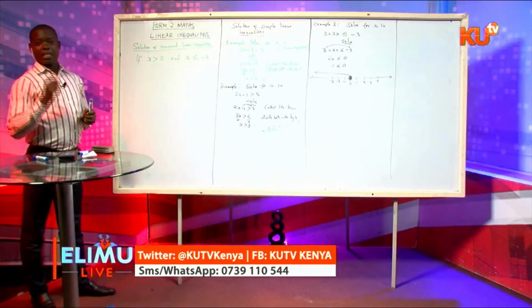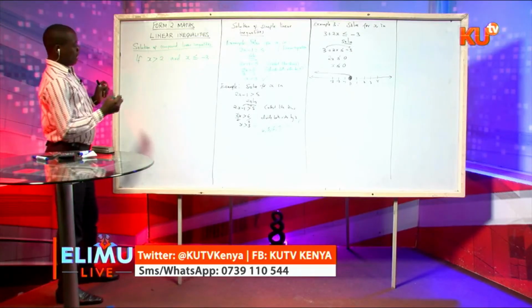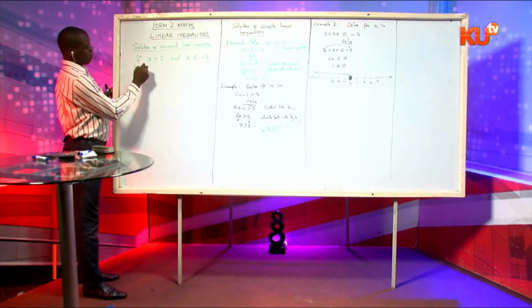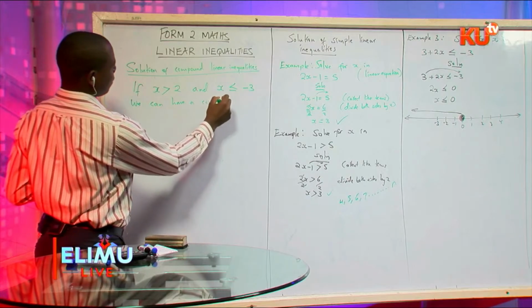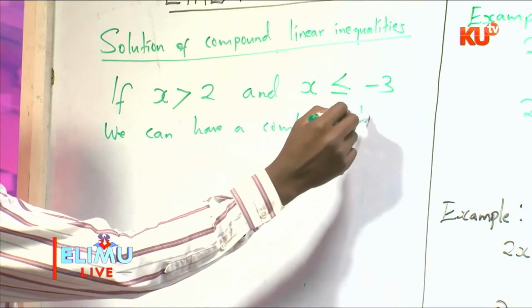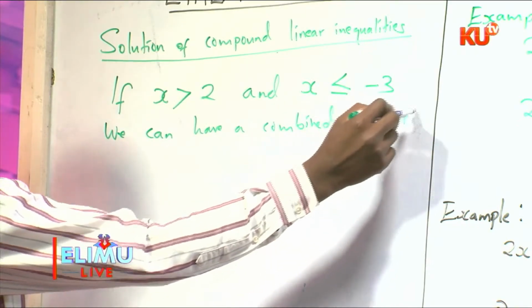Then these two values of x can be combined. We can have a combined solution of x.